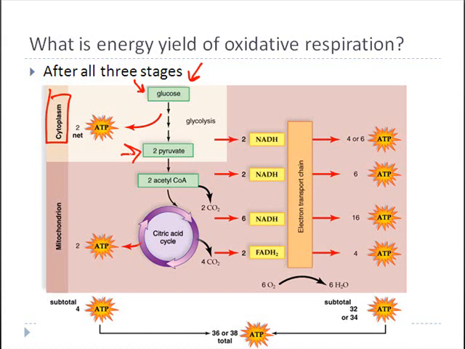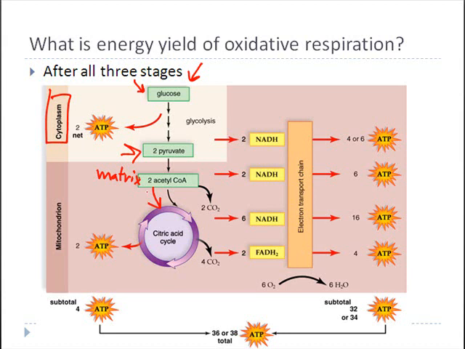Then we took those two molecules of pyruvate and we shuttled them into the matrix of the mitochondrion. And there we took one carbon group off of the pyruvate and attached some CoA to make molecules of acetyl-CoA.